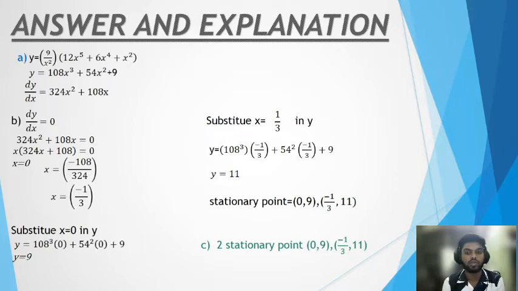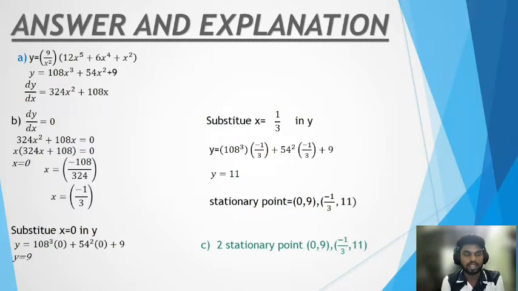Kita tahu yang x power something times dengan x power something tu, kita kena pluskan power. So selepas tu, x power negative 2 tu saya tambah dengan 5, saya mendapat x power 3. So saya mendapat y equation tu, 108x power 3 plus 54x square plus 9.